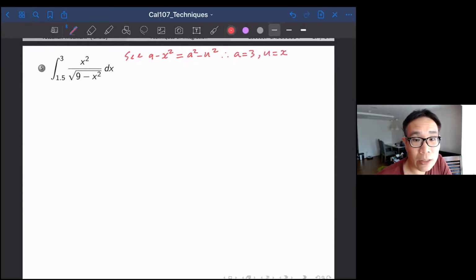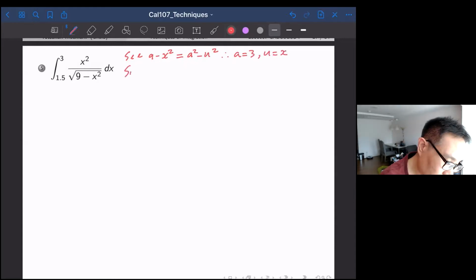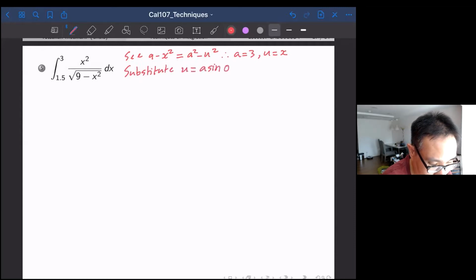Okay, and you're going to substitute u equal to a sine theta. So this is the thing that you normally know. And you're going to have x equal to 3 sine theta. Quite simple. And you're going to need x equal to 1.5.